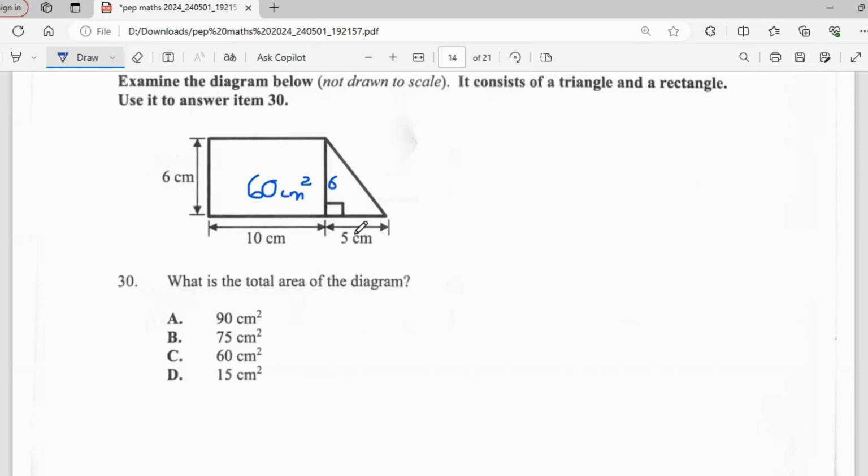So we multiply 5 times 6, which is 30, and 30 divided by 2 is 15. So the area for this triangle is 15 centimeters square. And if I add 15 plus 60, that's 75 centimeters.